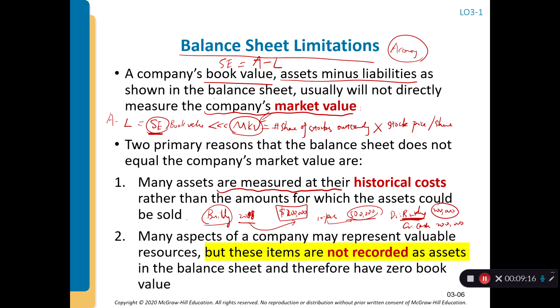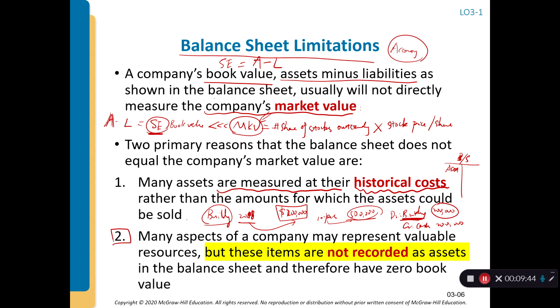So this is one reason that on the left-hand side of your balance sheet, the assets are pretty much stale, meaning recorded at historical cost instead of market cost. Hence, when you calculate stockholder equity, the assets are undervalued, and hence the book value of the equity is undervalued.